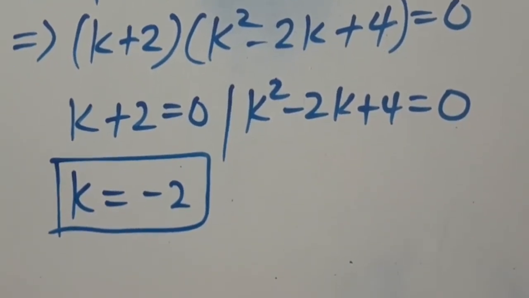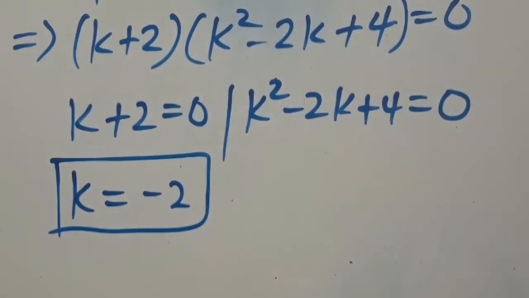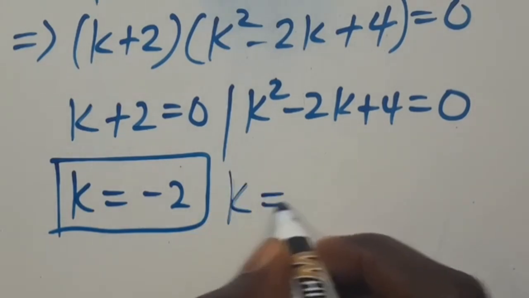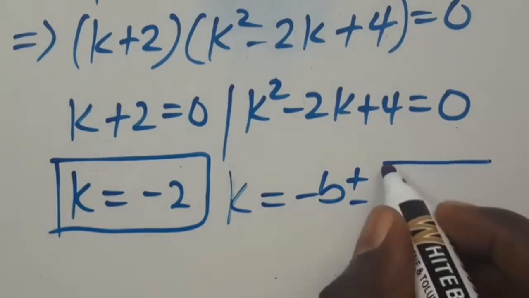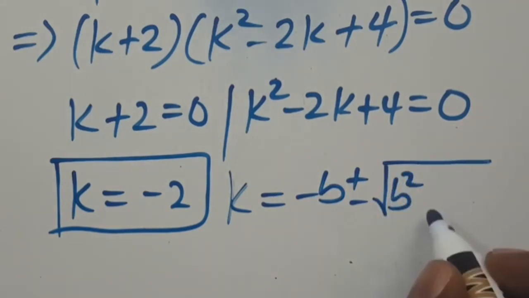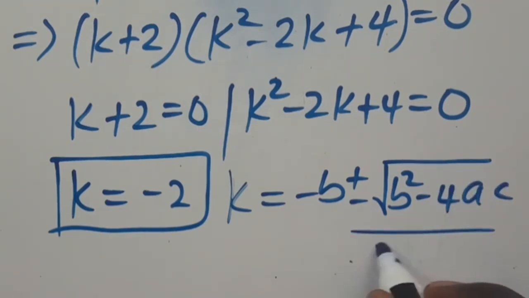Now, from here, this is a quadratic, and we can apply the quadratic formula: k will be equal to minus b, positive or negative, square root of b square minus 4ac, all divided by 2a.